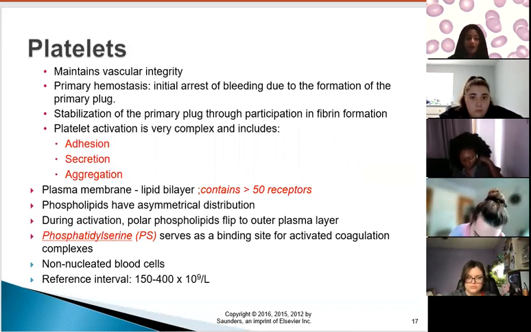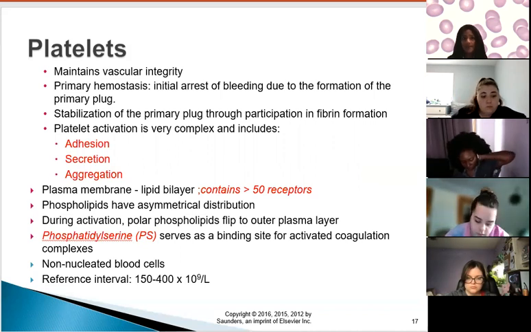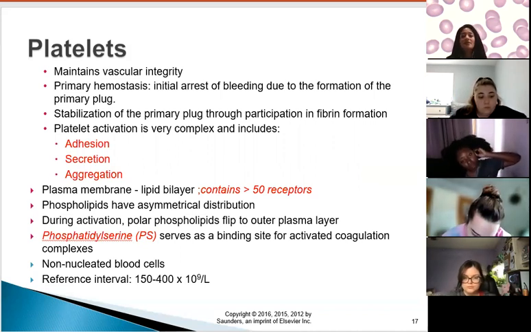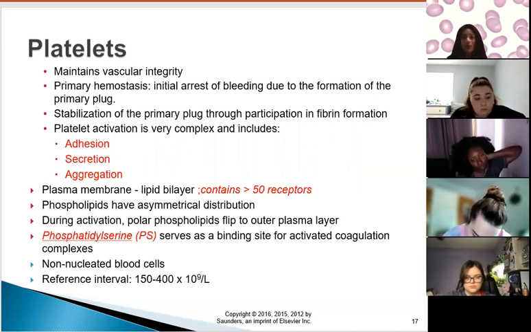We're going to talk about that in the next lecture. They help stabilize the primary plug through participation in fibrin formation. They go through different stages when they participate in coagulation: adhesion, secretion, and aggregation, which I'm going to explain in the next lecture.